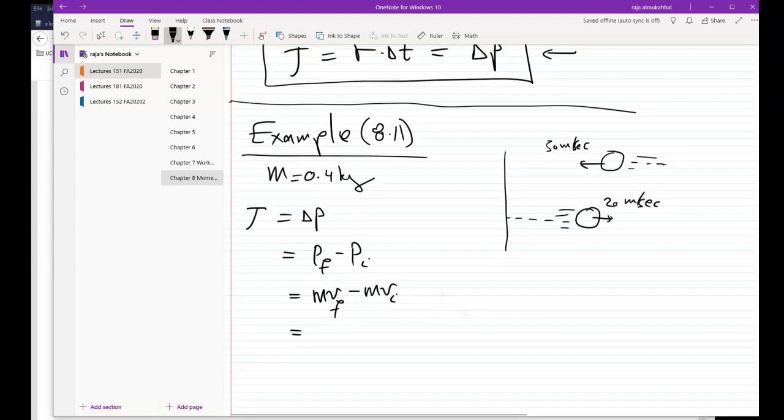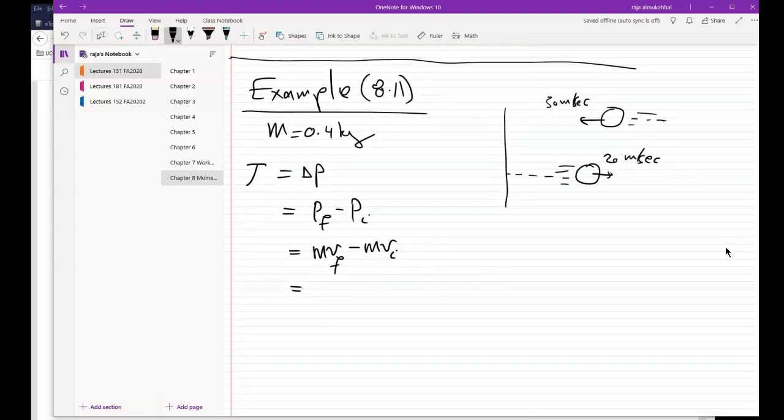I know I'm changing my notation. I hope it's not confusing for you. Of course, this is the V initial and this is the V final here, right? So the mass is 0.4. Take it as a common factor. And pay attention to the sign. This thing is going to the left, so that's going to be negative. I'm sorry, I'm starting with the V final. Sorry. And that's going to be 20 right here.